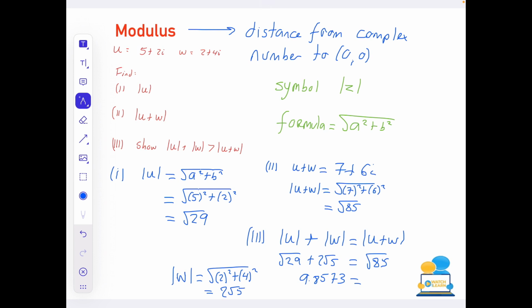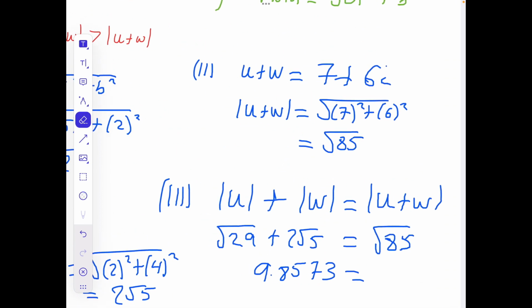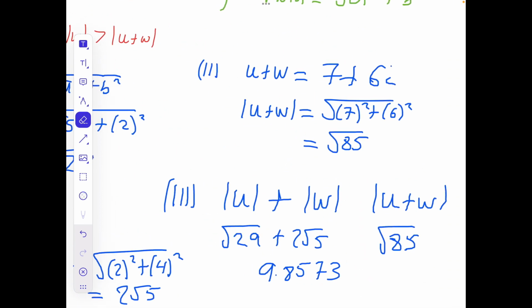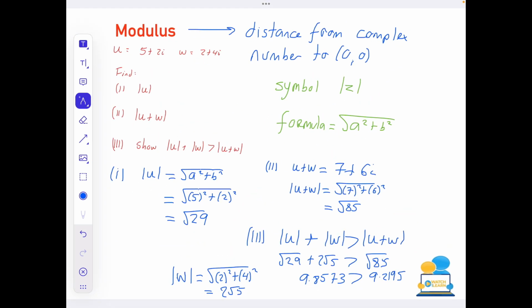And I'm then going to find the square root of 85. Sorry, that actually shouldn't have an equal sign, it should have a greater than sign. I hope whatever number I get for the square root of 85 is less than 9.8573, and it is, it's 9.2195, which is true.